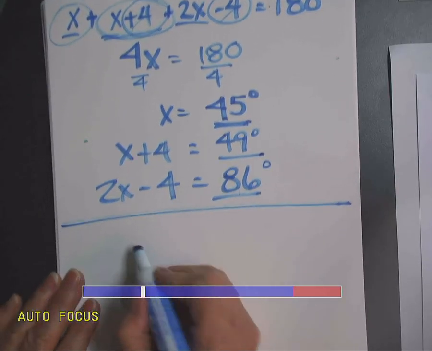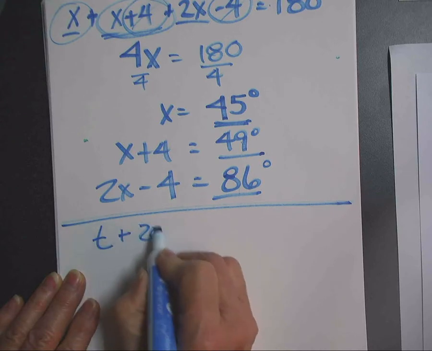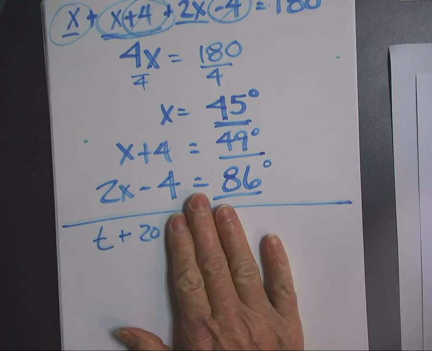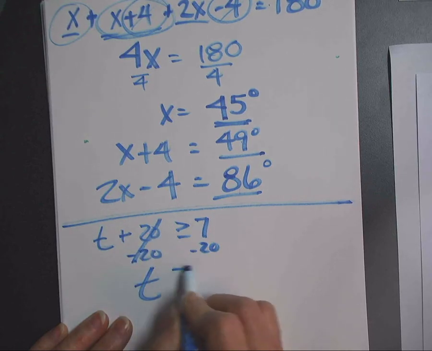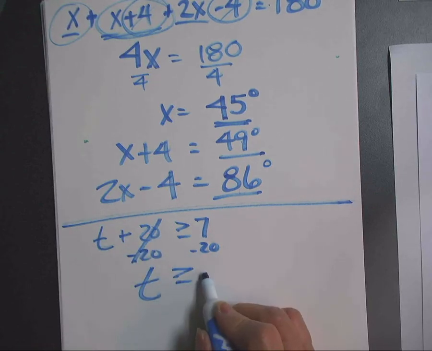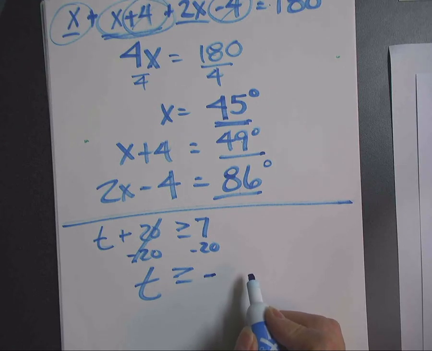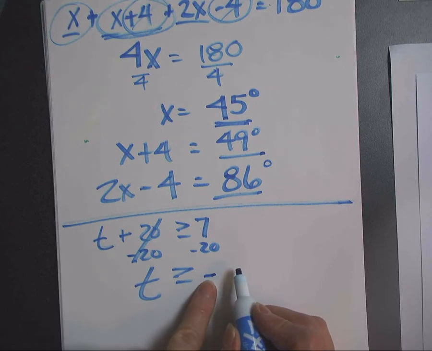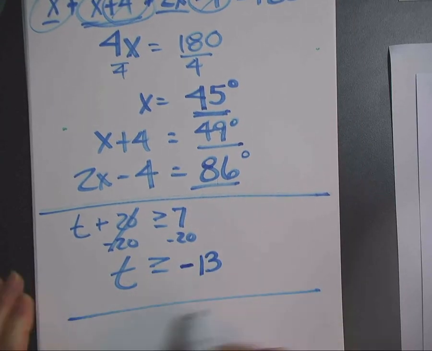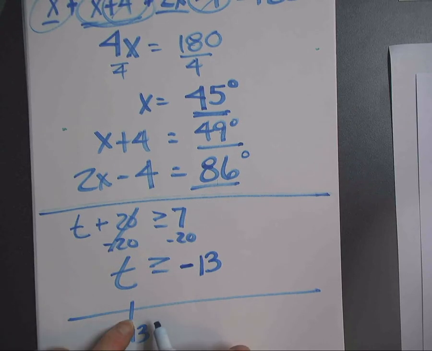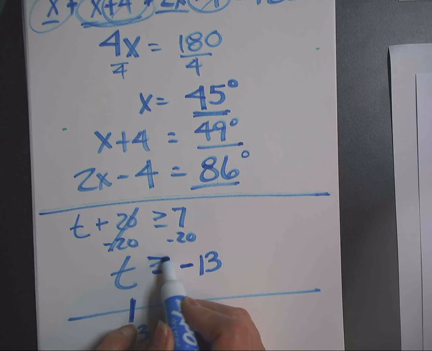Okay, next problem, just solve this and graph it. So what do we do to solve it? Well, minus 20. Is what? -13. Okay, so in a graph, starting at here, and it has a line, so we don't know which way our bracket needs to go.